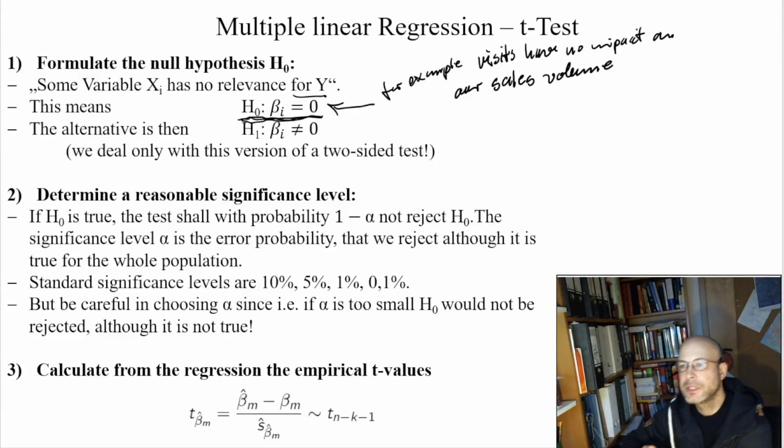And then, of course, the alternative hypothesis is that beta is unequal 0. So the alternative hypothesis is then, of course, that visits have an impact on sales volume.